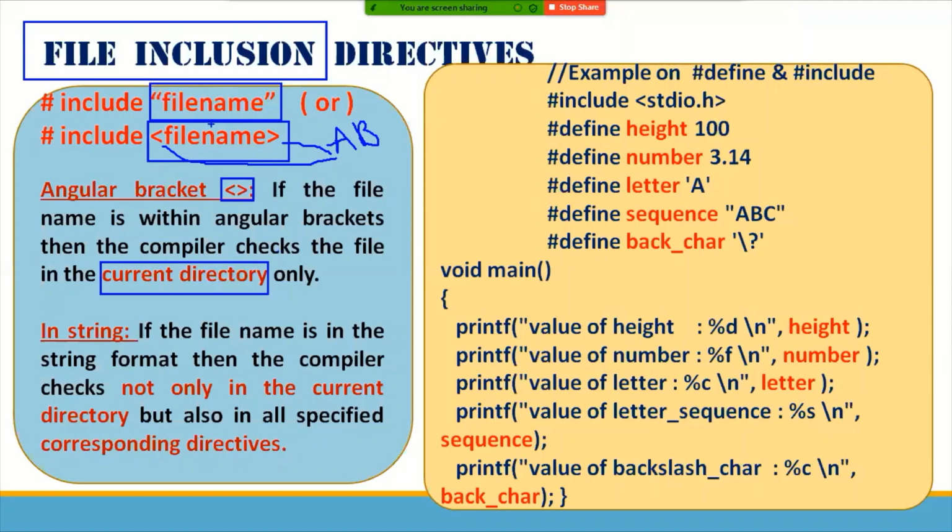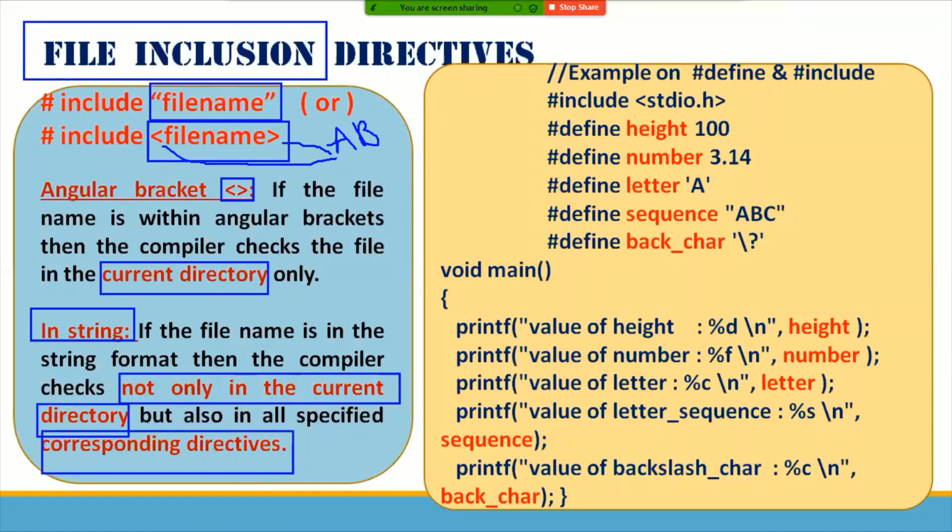If the header file name is specified within double quotation marks, the compiler not only checks the current directory, but the corresponding other directories will also be checked for the predefined functions within that header file.